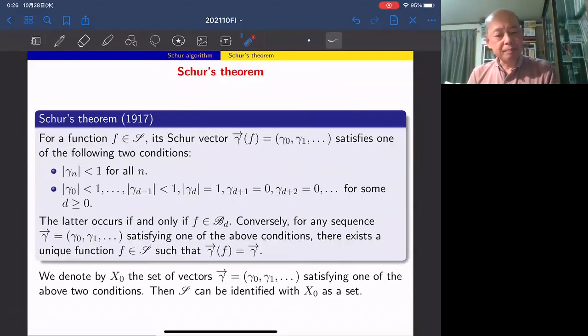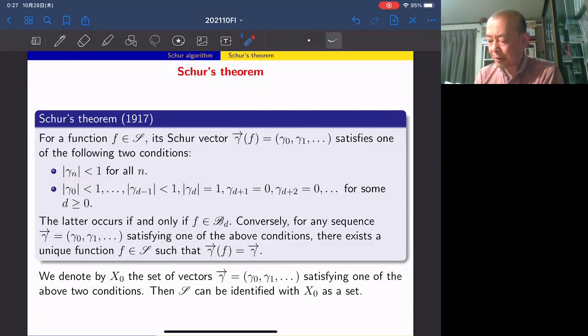And here is a basic result about Schur parameters. For a function f in this class, the Schur vector or Schur parameters satisfy one of the following two conditions. So in some sense, we have a dichotomy. The first possibility is that all parameters have modulus less than 1.